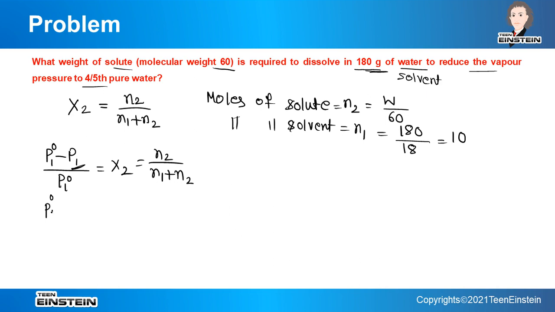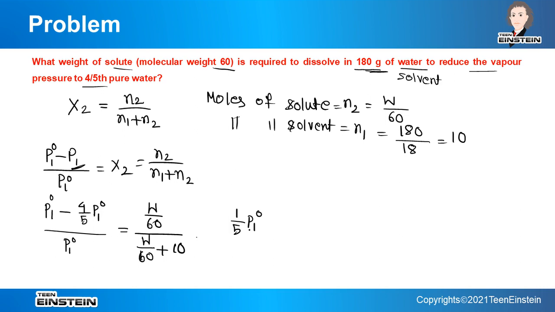So in place of P1 we can write 4 by 5 of P1 naught divided by P1 naught, and this is equal to, in place of N2 we will write W by 60, then W by 60 plus 10. Okay, so from this, on the left hand side it will be 1 by 5, P1 naught divided by P1 naught, so this will be cancelled.